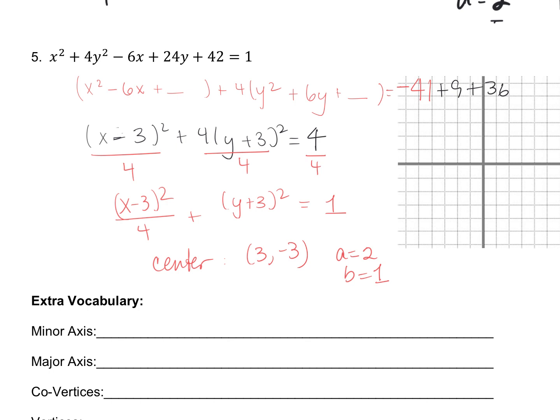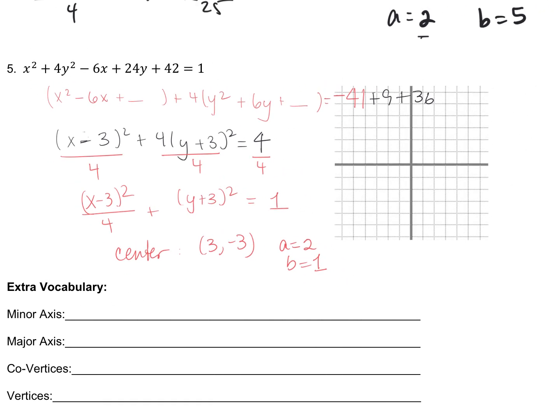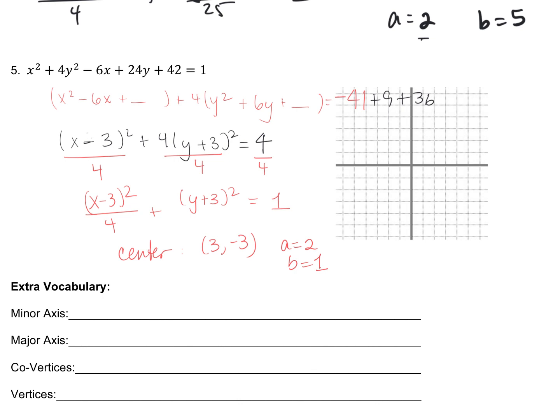Okay, so when you graphed it, it's in the 4th quadrant here. 3, 1, 2, 3. Oh my gosh, 1, 2, 3. Okay, so your picture looks like this, a nice little ellipse.